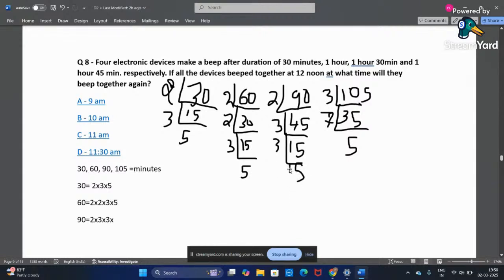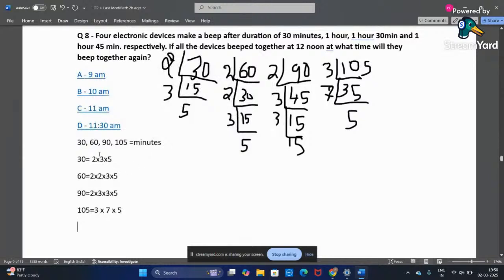This line is extra, don't note it. For 105, we are getting 3 into 7 into 5. Okay, now let's find the common factors.